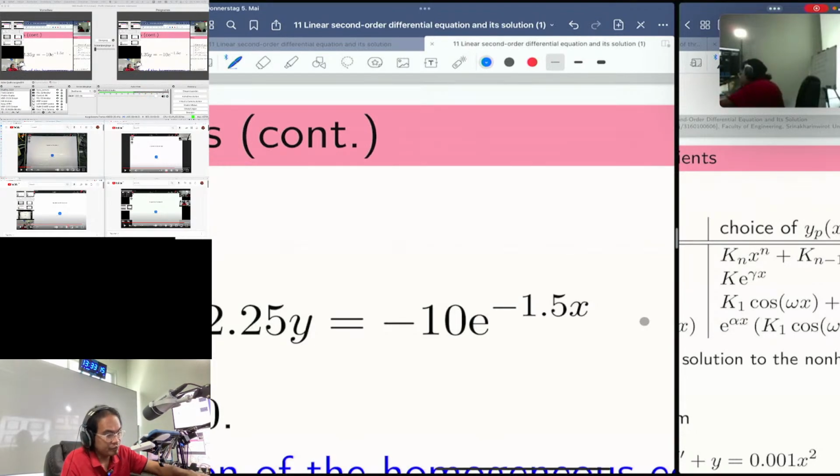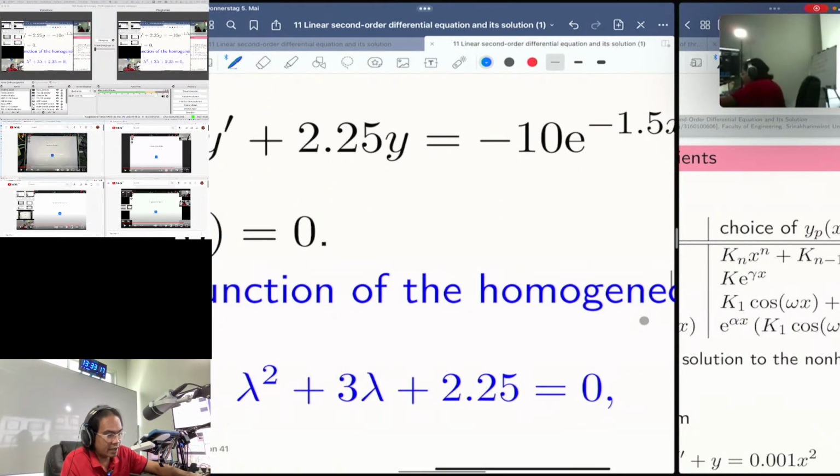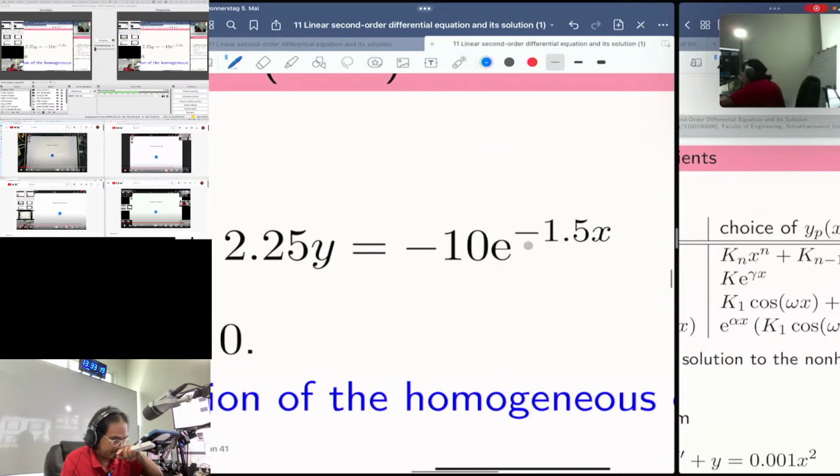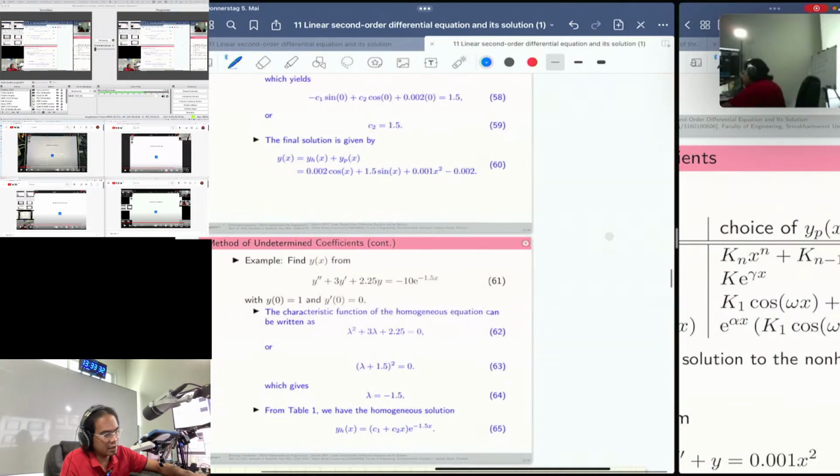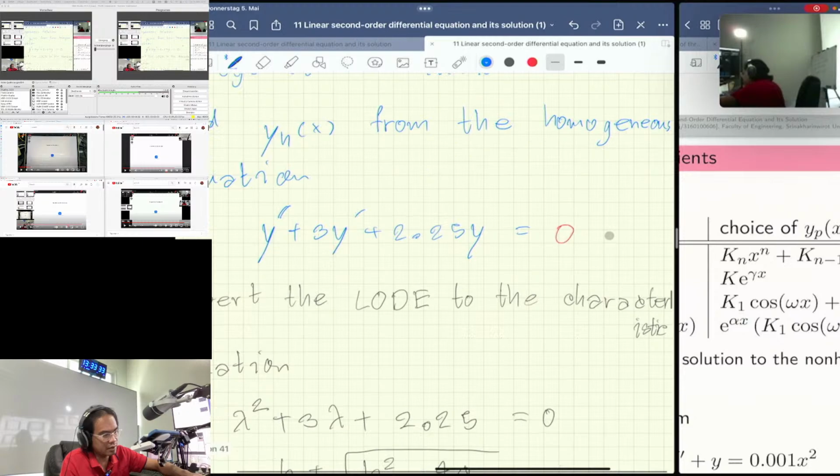You have to be careful that the homogeneous solution gives us the same exact term here, exponential -3/2x, right?